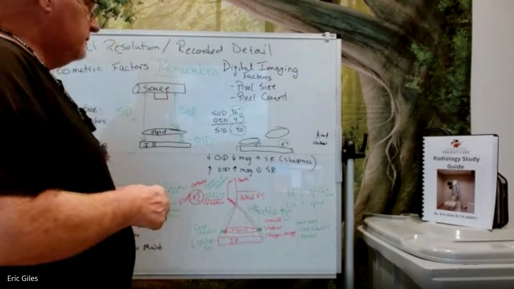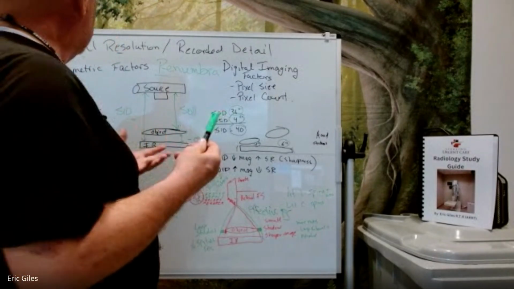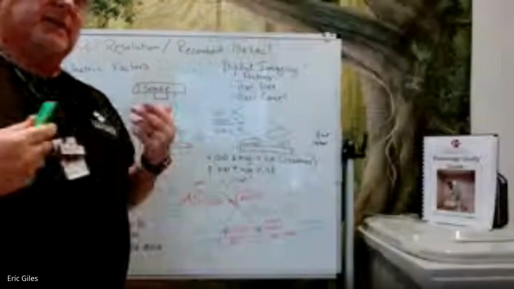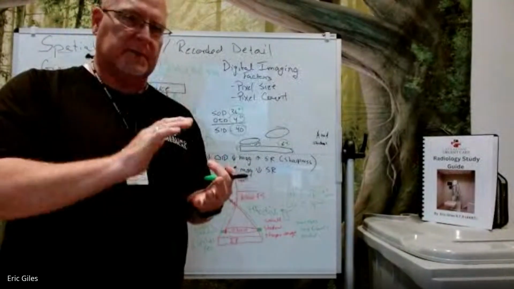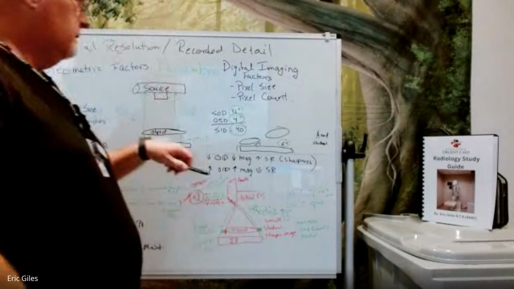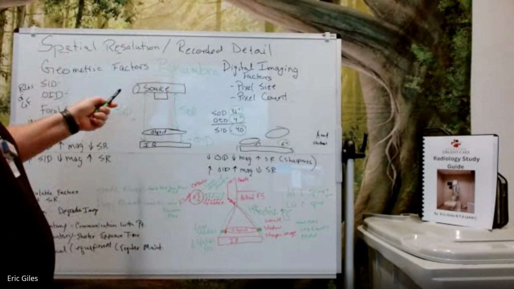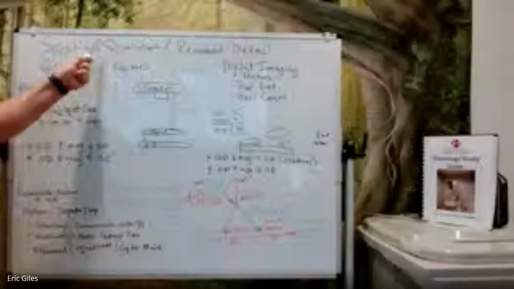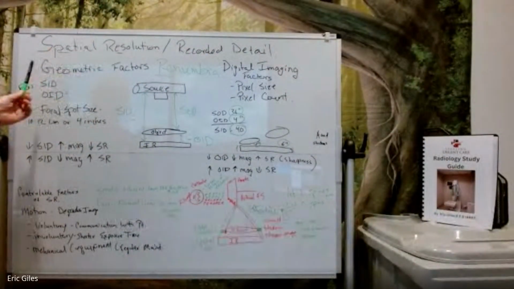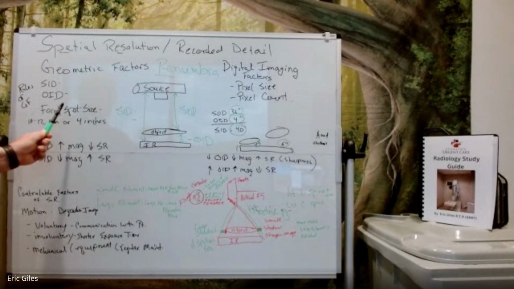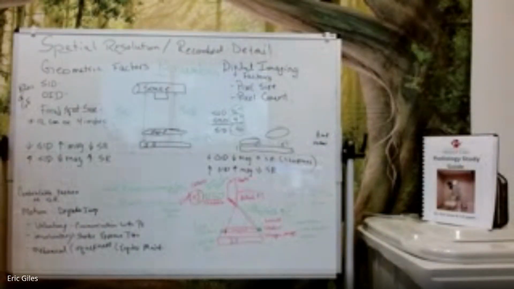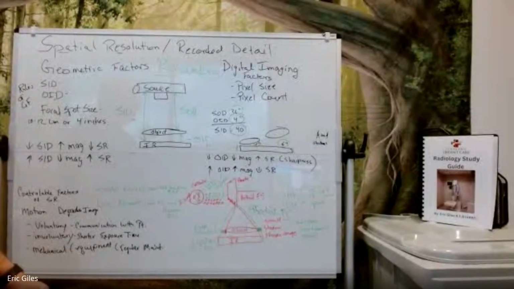So I hope you learned a little bit today about spatial resolution or recorded detail. Just remember that it's the sharpness of your image. And there's geometric factors that have everything to do with spatial resolution. So if we pay attention to our SID, OID, and our focal spot selection, our images are going to be better.